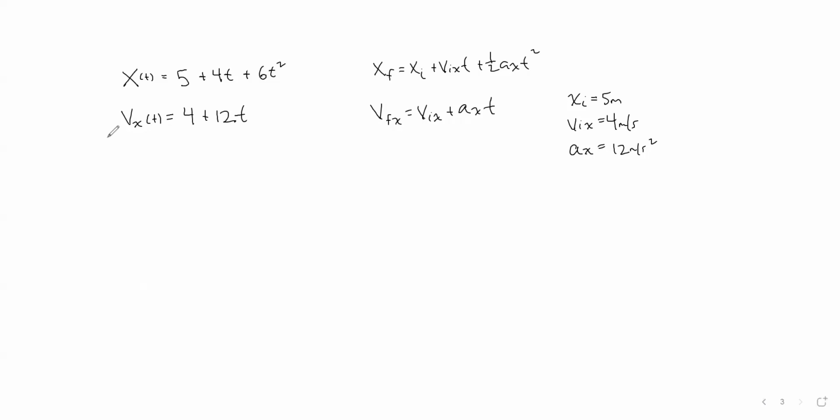Velocity is the rate at which position changes. Velocity is the derivative of position with respect to time. In fact, you can apply the power rule that we learned in the previous video to obtain this velocity formula. Bring down the 2 and multiply, you get 12, and you demote the power to 1.